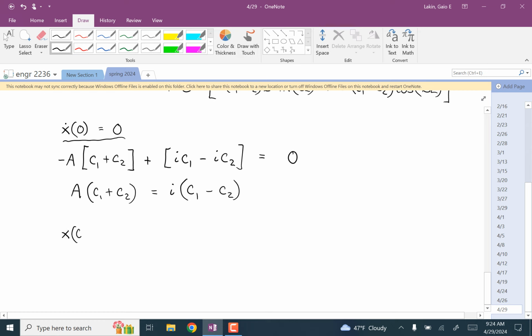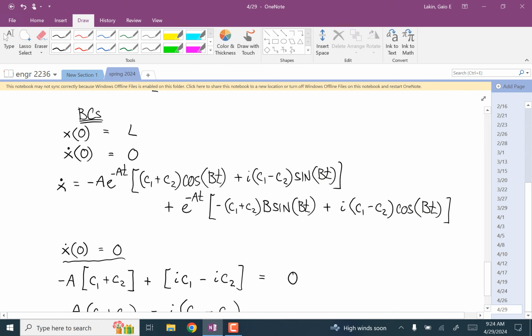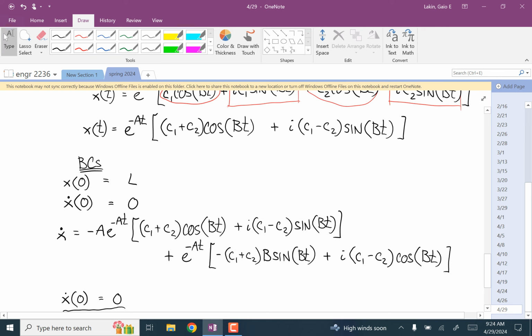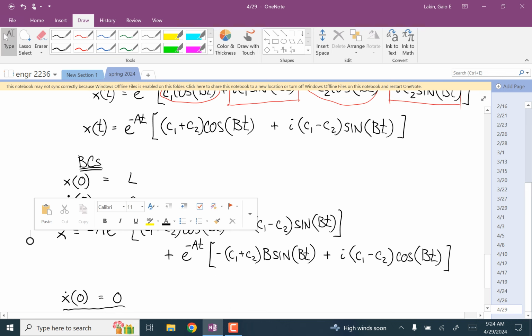So when time is equal to 0, x is equal to some L. And so I'll go back to this expression for x and plug in time equals 0. When time is equal to 0, that outer exponential goes to 1. And so we get to the inner thing. We just have c1 plus c2, the cosine of 0 is 1.